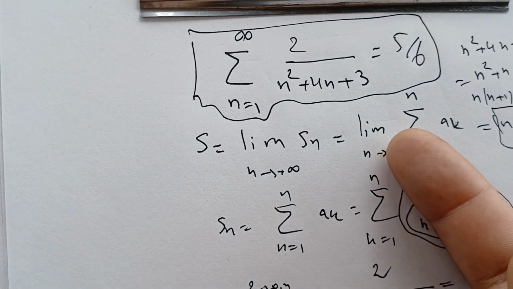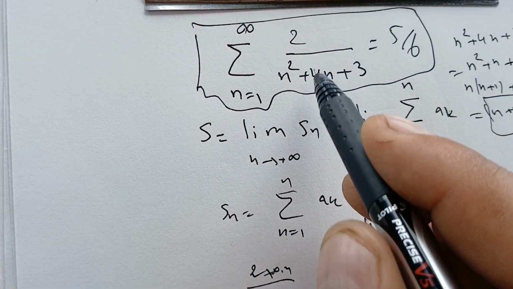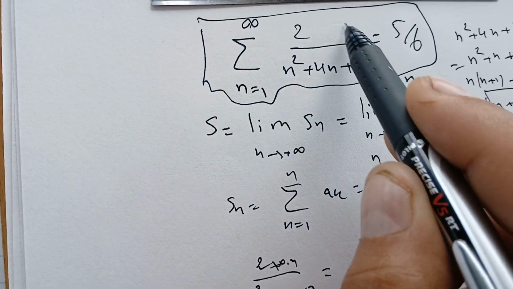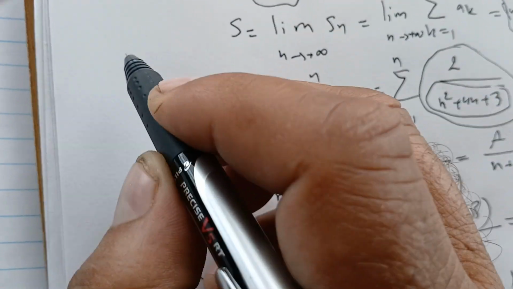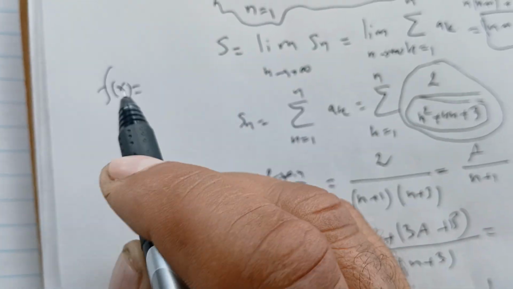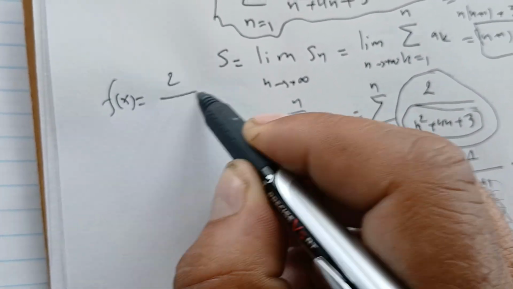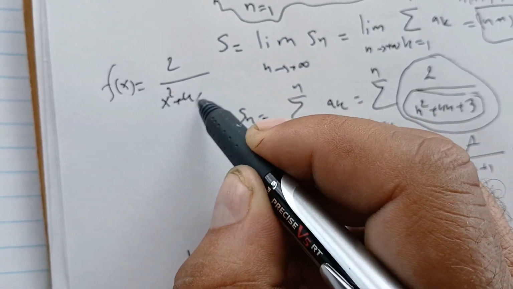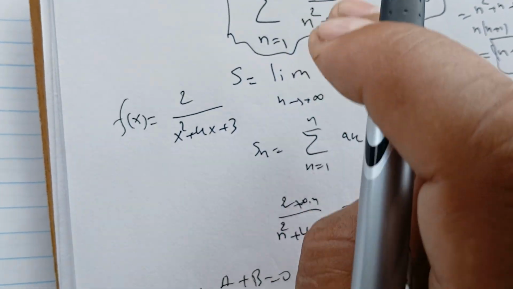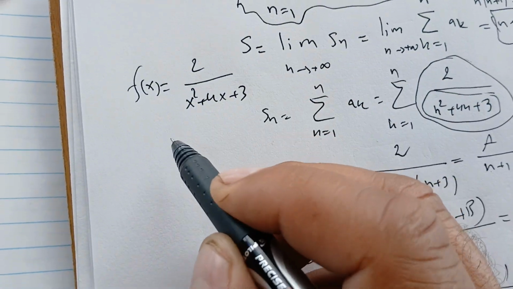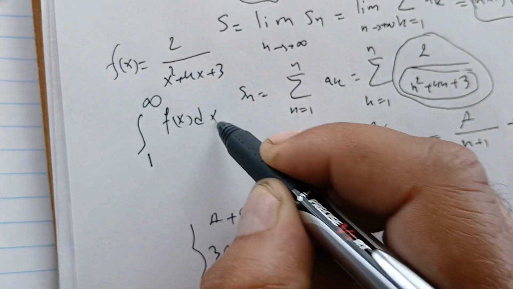We can do the integral test if we want to do that. So this one is positive and decreasing. If we define the function f of x as 2 over x squared plus 4x plus 3, we can use it to see the nature of this one. Whether it's convergent or divergent is the same as the integral of f of x dx.